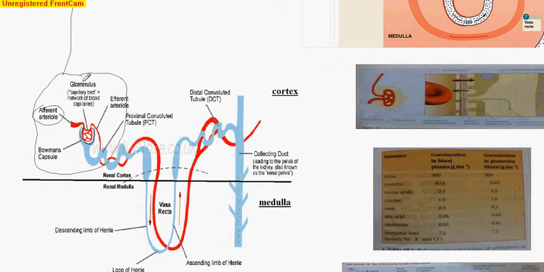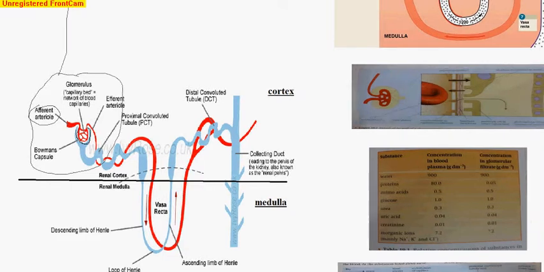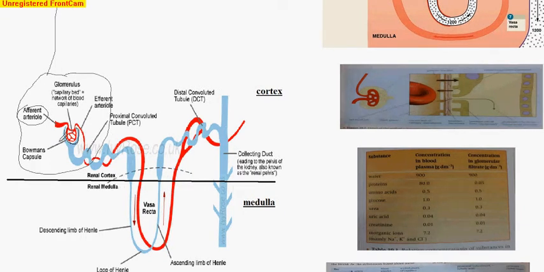So this region, the one with the glomerulus filtration and all that, first you should know the labeling of these parts. This is the Bowman's capsule, and this is the glomerulus.